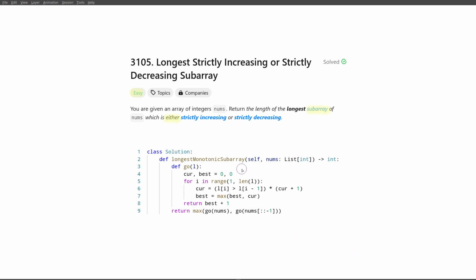And one way of doing that is to write only the version for the increasing case, and then simply try to find the strictly increasing subarray of both the numbers and the numbers in reverse. In Python, one way of reversing a list is to use the slice notation, which will be double colons and -1.